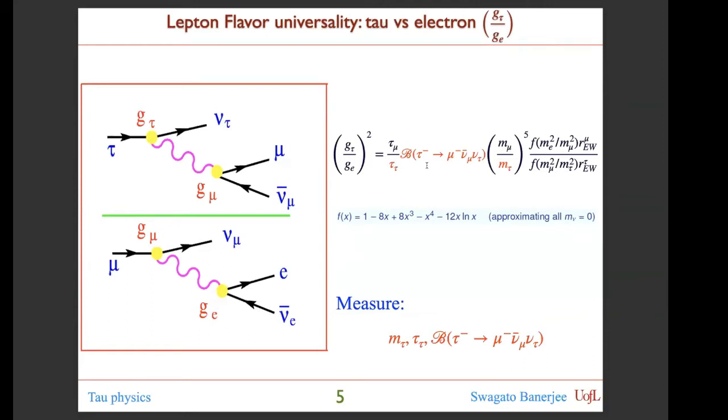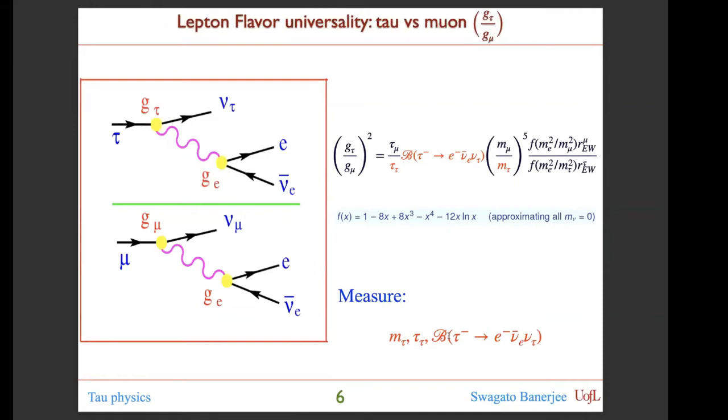Looking at this expression, the quantities that we need to measure for extracting this are the mass of the tau, the lifetime of the tau, and the branching fraction of tau goes to muons.